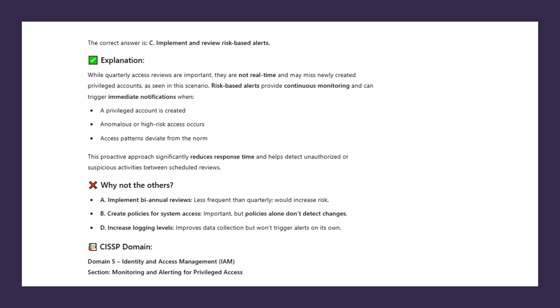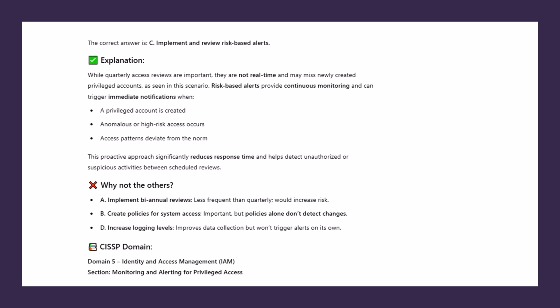The correct answer here is C. Implement and review risk-based alerts. While quarterly access reviews are important, they are not real-time and may miss newly created privilege accounts as seen in this scenario.